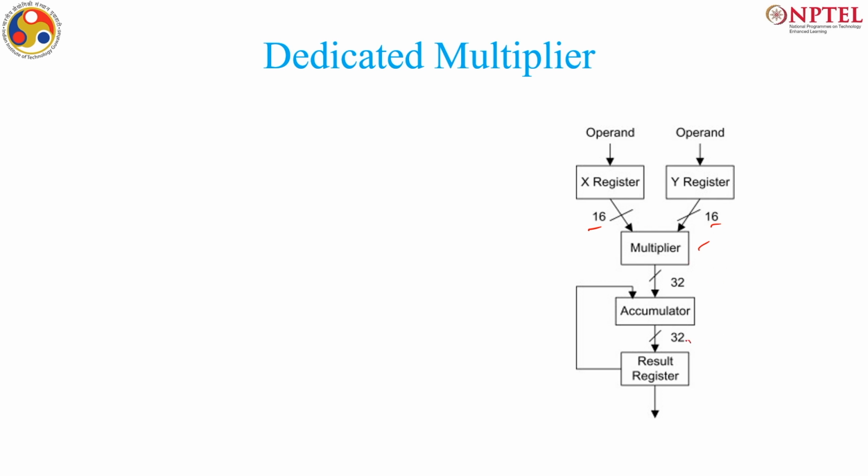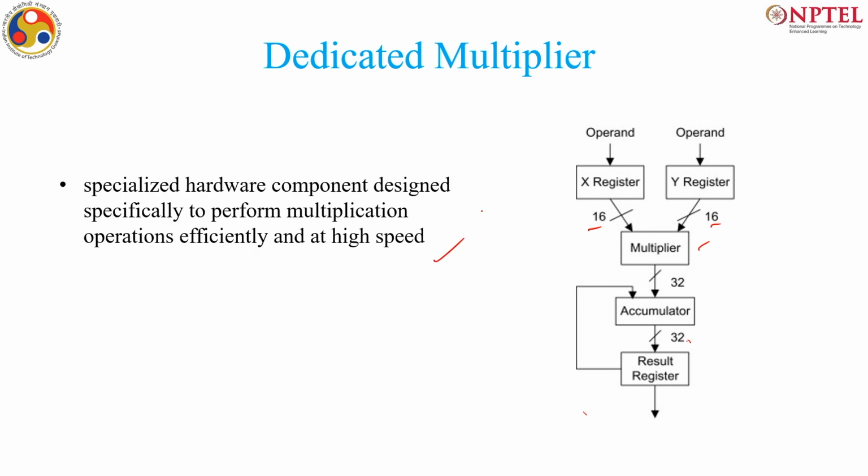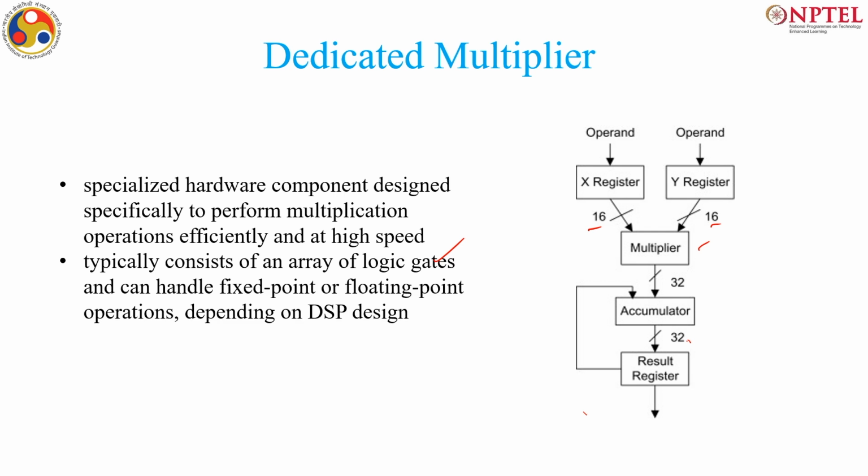So add, then store in the accumulator, then again add, and do this until I reach 16. And that will take 16 clock cycles if I do them sequentially. So a dedicated multiplier does it in parallel so that you get the result in 1 clock cycle. And that is specialized hardware for doing multiplication efficiently at high speed.